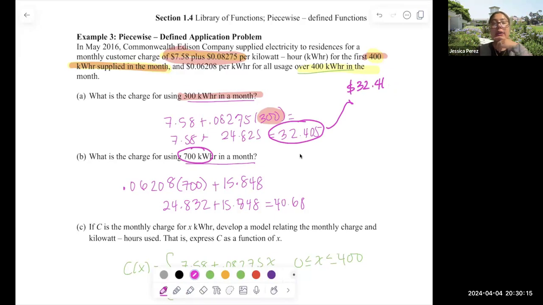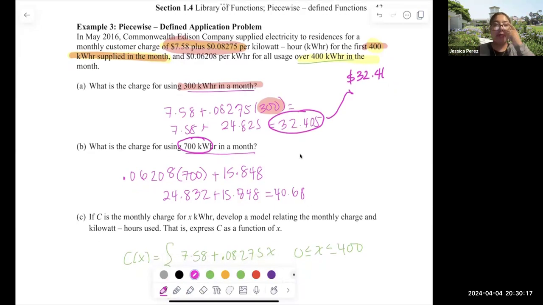Because you're going over 400, it's saying for the first 400, there is another equation.